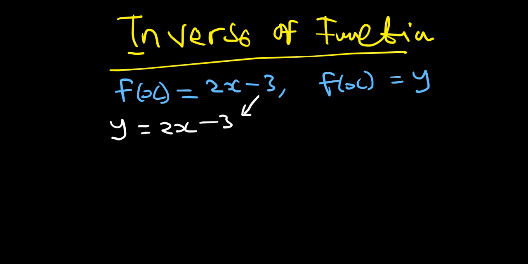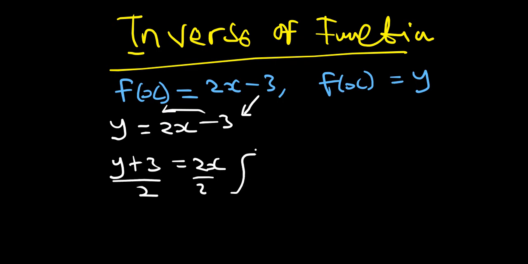So we say this is y, and this minus 3 goes to the other side, so it becomes a plus 3, and this is 2x. We want to make x the subject, so we divide both sides by 2. What we end up having is x is equal to y plus 3 divided by 2.